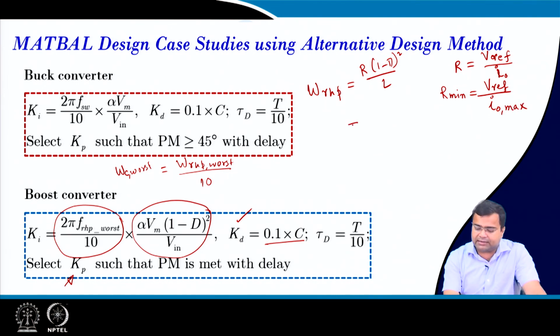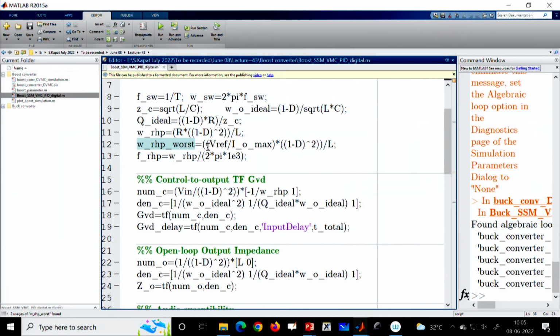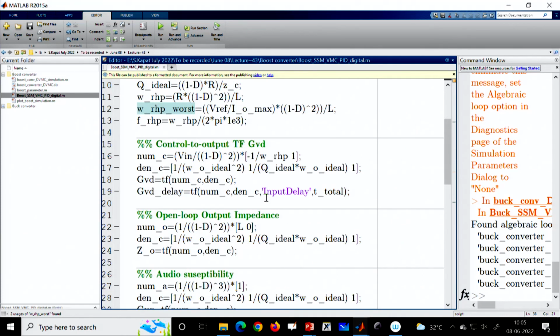So we can write this as Vref by L I0 into 1 minus d, whole square. So what is my RHP0 worst case? It will be Vref times 1 minus d whole square over L I0, and that is the expression of the RHP0 that I have shown here in this code. That means Vref, I0 max, 1 by L. Okay, so there should be 1 by d square.